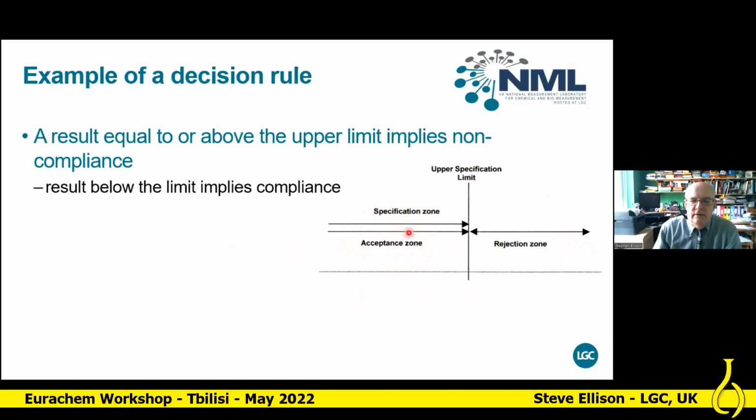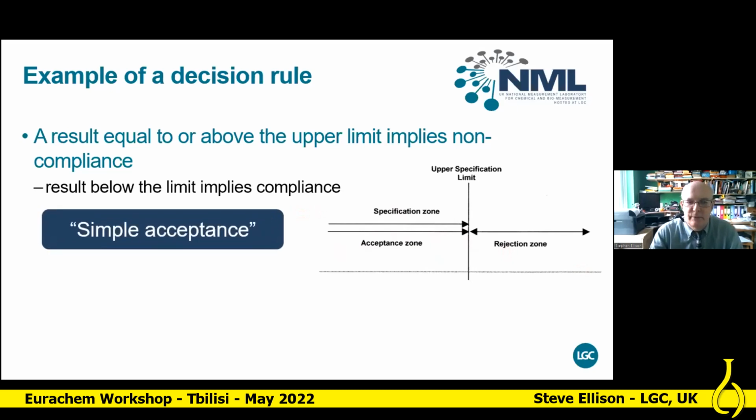That rule says that any measurement result from the left up to our limit is acceptable. So that's called an acceptance zone. It happens to be the same as what ASME calls a specification zone in this particular case. When they're the same, there's a name for that. It's called simple acceptance. And it's called simple acceptance because it says, just look at the measurement result, the reported value. Don't bother with the measurement uncertainty.